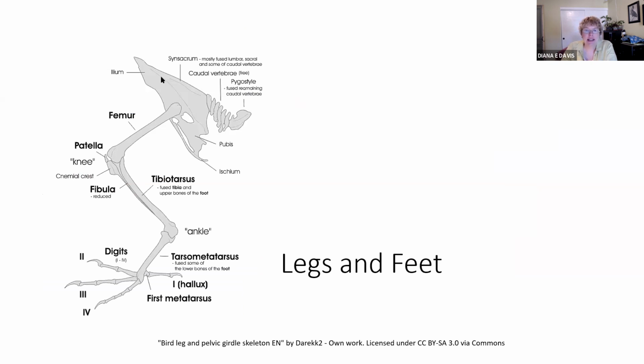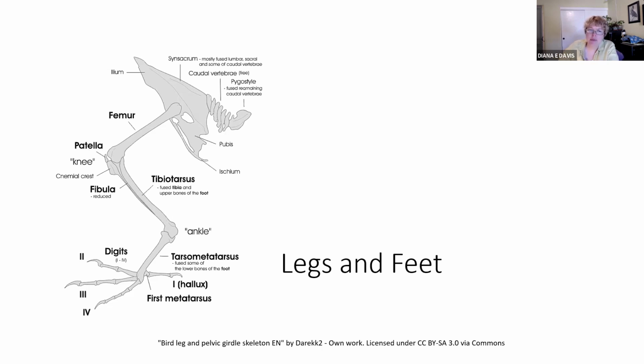So this is the bird's version of a pelvis. They have a femur, just like our leg has a femur. They have a patella, which is the same thing as our kneecap. The lower leg, the bone here is modified a little bit, but it's like your leg.